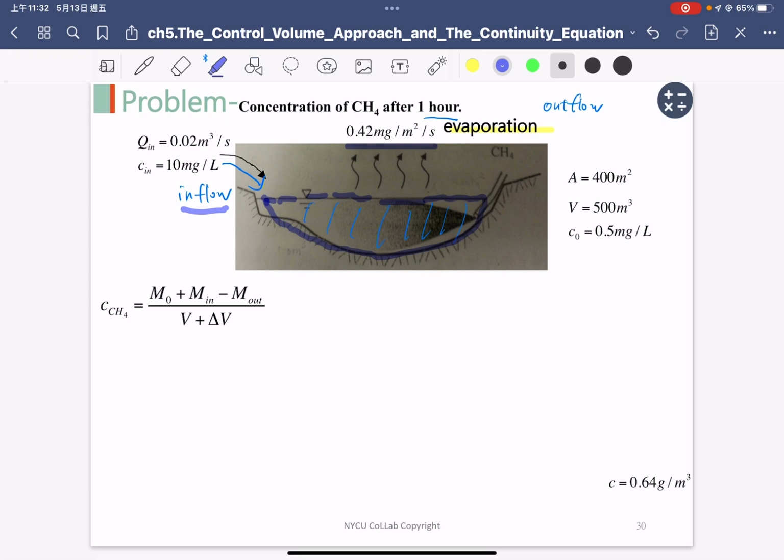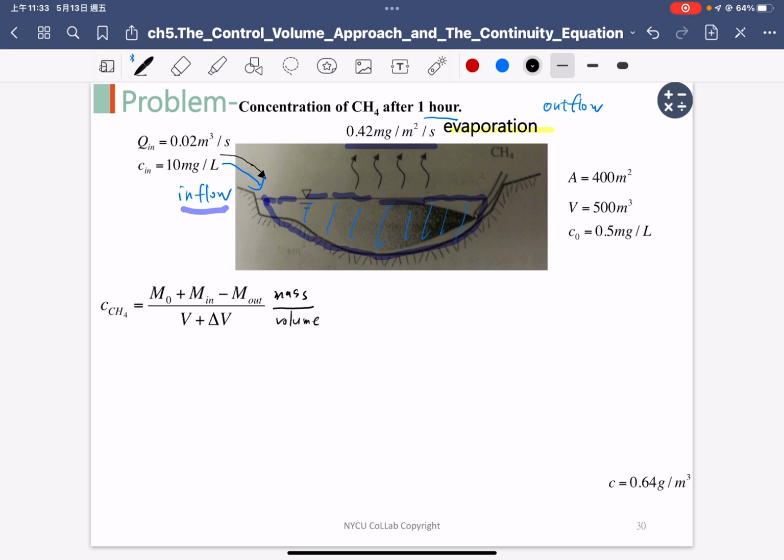So we need to recalculate the concentration after 1 hour. What is the concentration? The unit is mass at the top, and at the bottom we need to have the volume. We define this as our concentration.